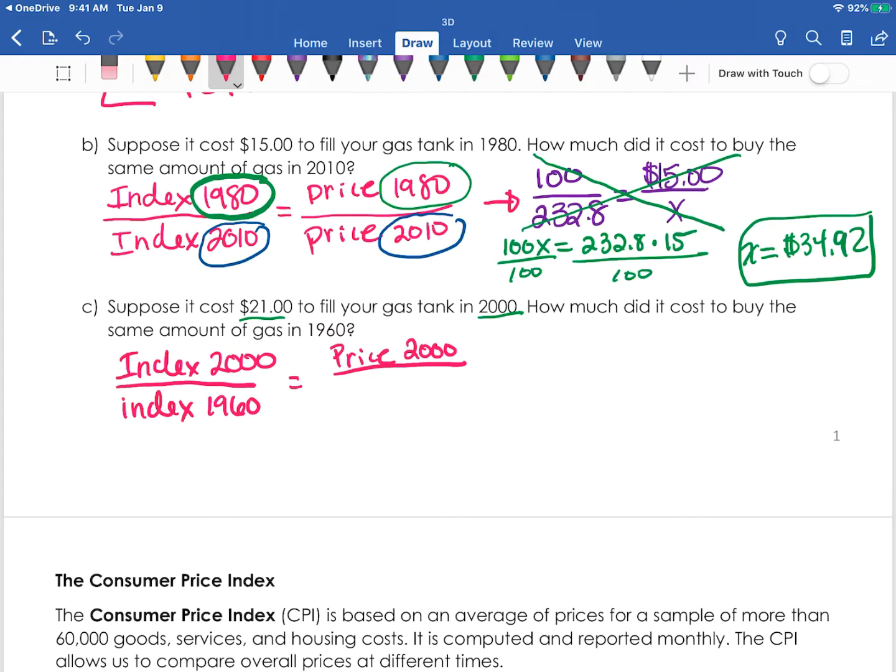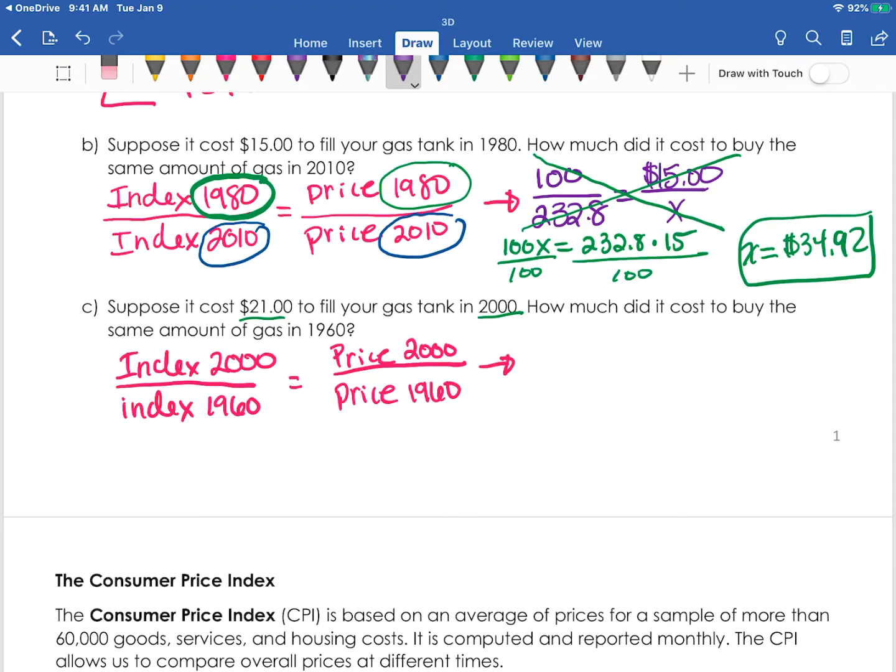It doesn't matter if I put index of 1960 over index of 2000, but what does matter is you keep it consistent when you make your other fraction. So because I put 1960 on the bottom on the left, I'm going to do price of 1960 on the bottom on the right. Okay, so now we're going to fill in the information.